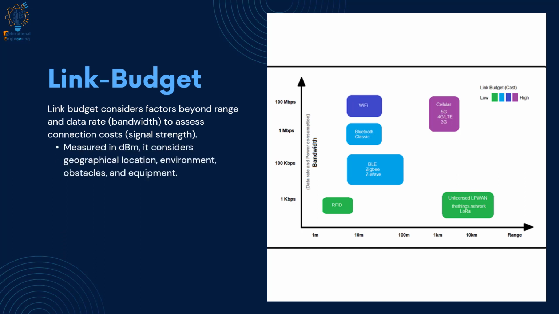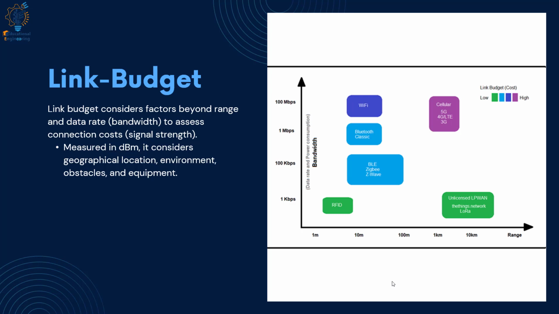In practice, determining link budgets involves complex formulas and calculations, taking many factors into consideration beyond just bandwidth and range. Factors such as geographical location, environmental conditions, and obstacles such as buildings can cause signal loss by obstructing or reflecting radio frequency signals.